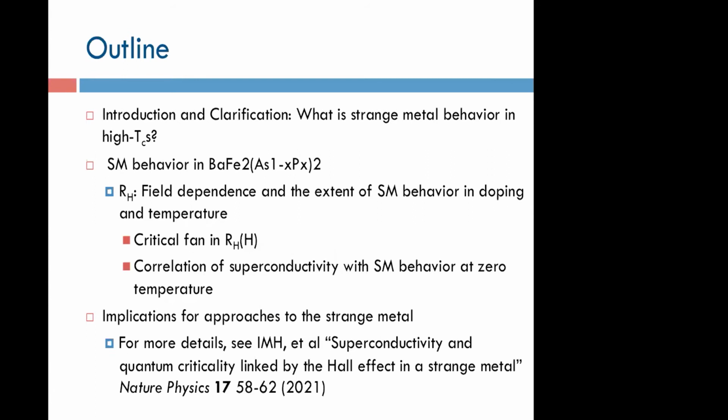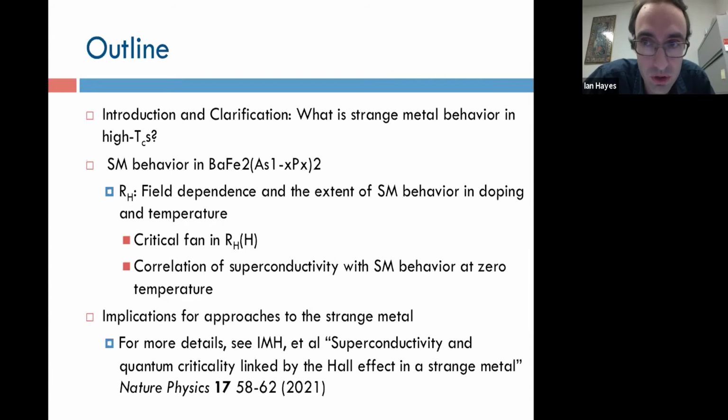Thank you. Okay. So the outline of my talk is I'll start with a few words about strange metal behavior in high Tcs, and then move on to this field dependence of the Hall effect in the phosphorus doped series. To give you the highlight, the field dependence is going to give us a new way of characterizing where the strange metal behavior lives, and therefore what it's correlated with in the phase diagram.